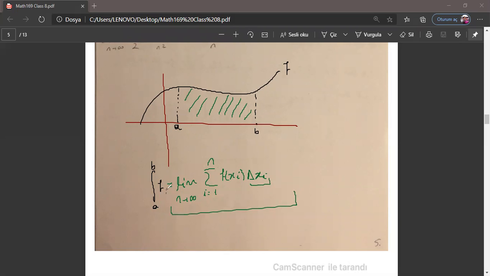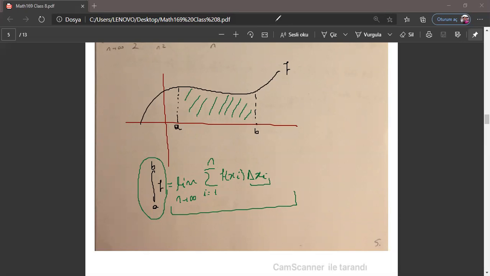We know the integral on the left represents the area below the curve, so this should represent exactly the same thing. First of all, it seems we divide the closed interval a, b into subintervals.